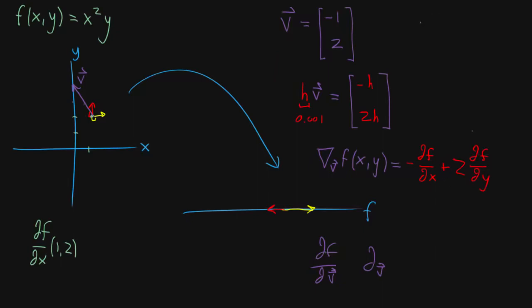And if I was going to be more general, let's say we've got a vector w, I'm going to keep it abstract and just call it a and b as its components, rather than the specific numbers. You would say that the directional derivative in the direction of w, whatever that is, of f, is equal to a times the partial derivative of f with respect to x plus b times the partial derivative of f with respect to y.